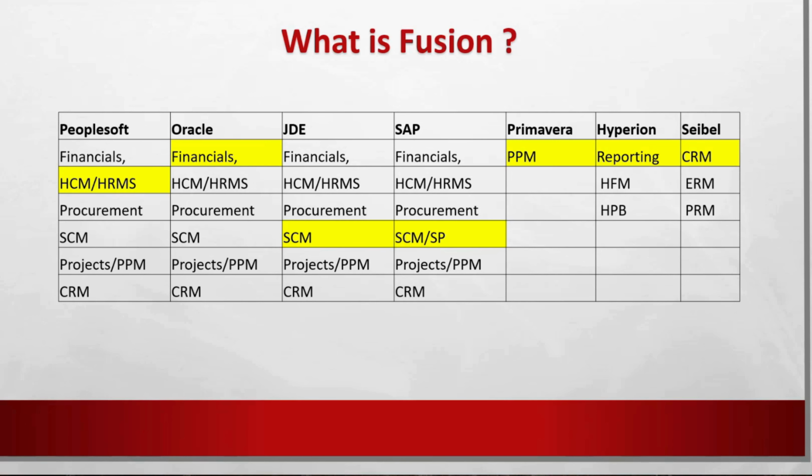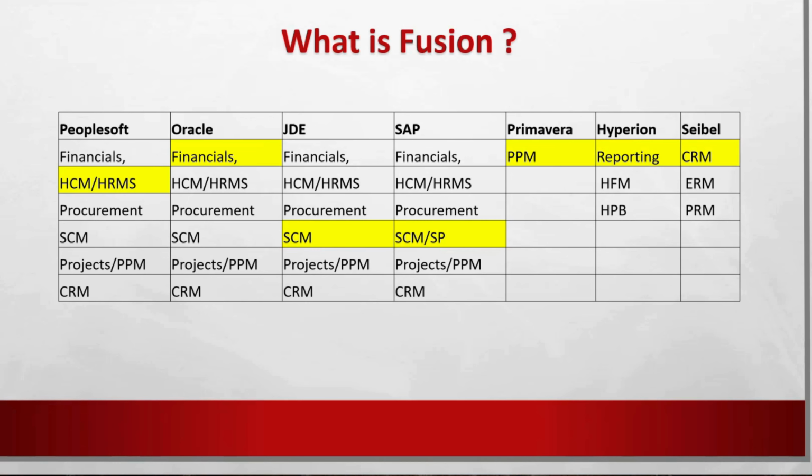So what used to happen is, like Oracle, there are many companies operating in the market which deal with various applications like purchasing, HRMS, finance, procurement, etc. For example, we have PeopleSoft. PeopleSoft is also a company like Oracle.